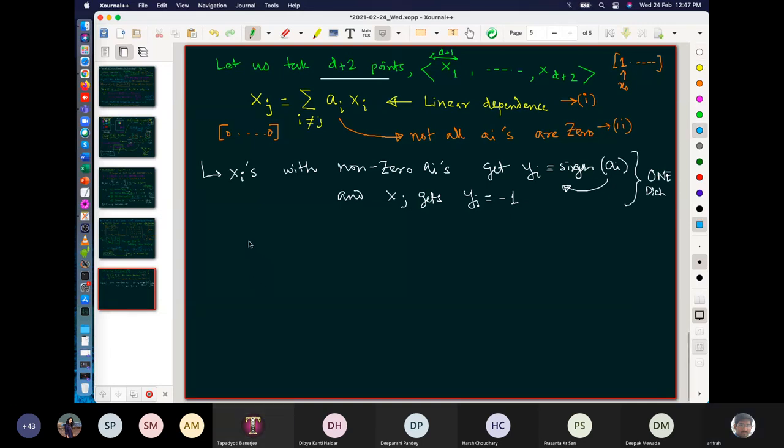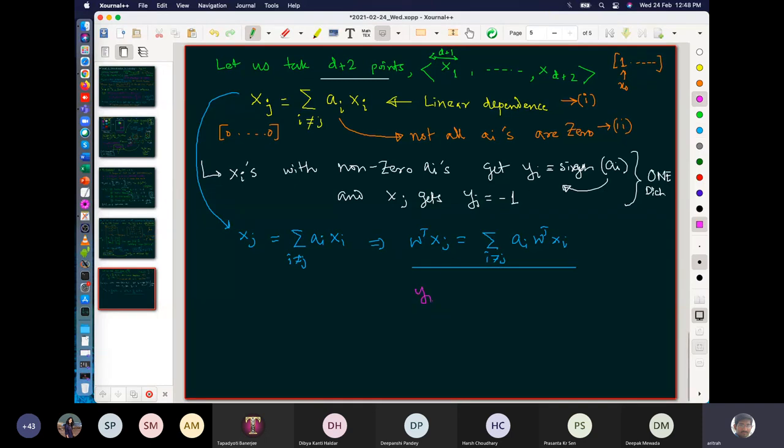Yes. So therefore, when I say this kind of a dichotomy, it immediately points out from our formula that xj equals the sum of ai xi, where i is not equal to j, which means w transpose xj is equal to the sum of ai w transpose xi. Now see the point here. Look at this equation very carefully and try to realize this point.